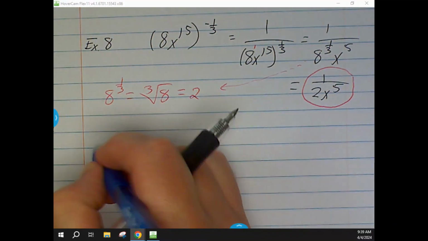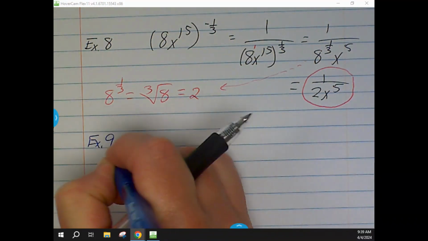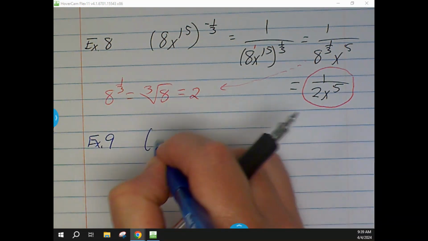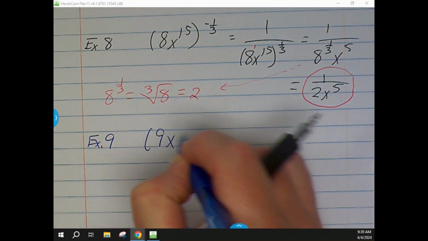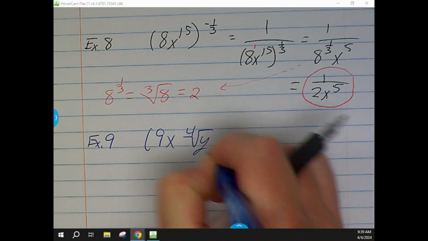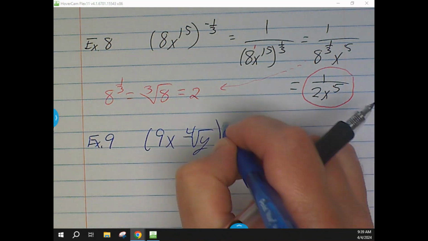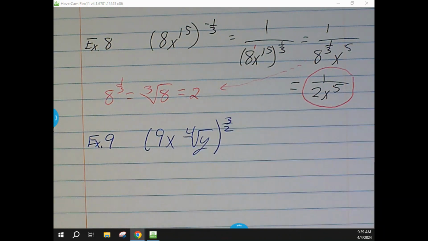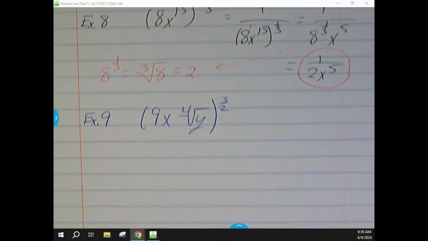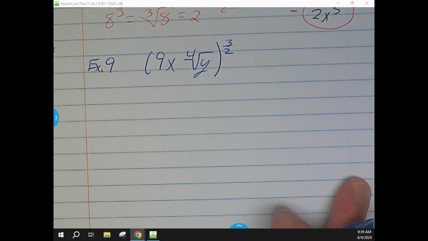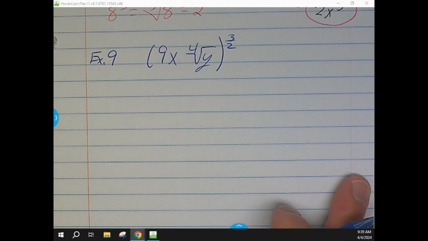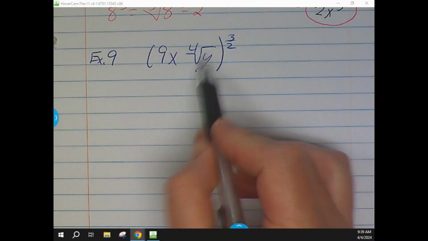Okay, and the last one today. We've got 9x times the 4th root of y, all to the 3 over 2 power. So this one, we've got a radical and an exponential mixed together.